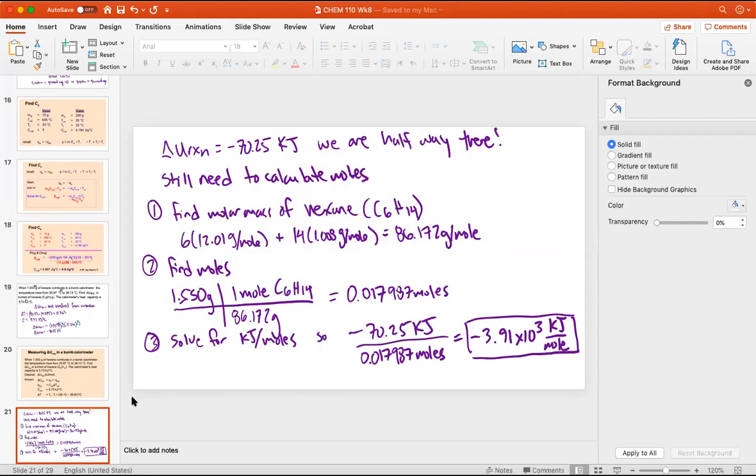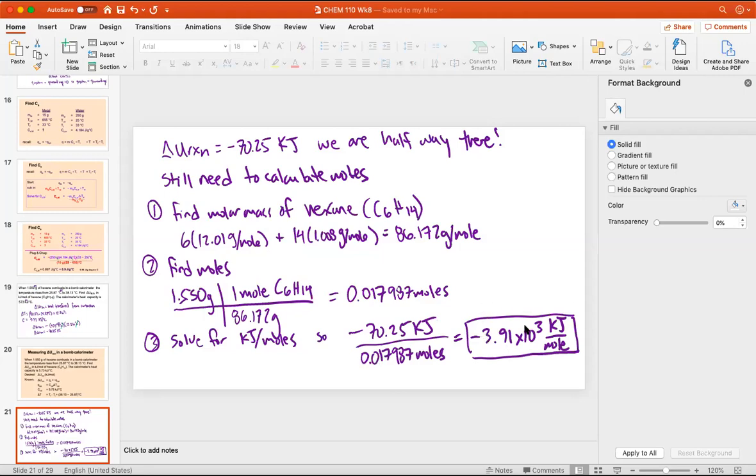So we have our negative 70.25 kilojoules. We still need to calculate moles. In order to do this, we're going to find the molar mass of hexane. We can calculate that using our periodic table, and we're going to find moles. And now in order to solve for kilojoules per mole, we're going to place our negative 70.25 kilojoules that we calculated in the original problem in the numerator, and then divide it by 0.017987 moles in the denominator.